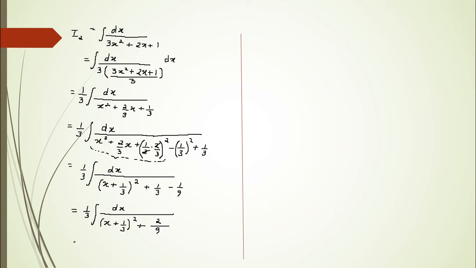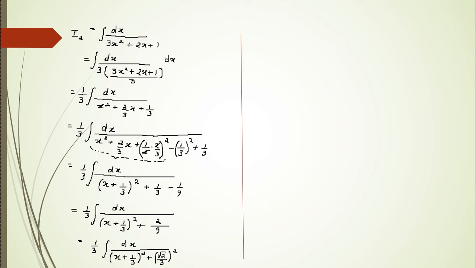Now to make this in standard form, I'll write this as 1 by 3 integral dx divided by x plus 1 by 3 whole square, plus this 2 by 9 I can write as root 2 by 3 whole square.